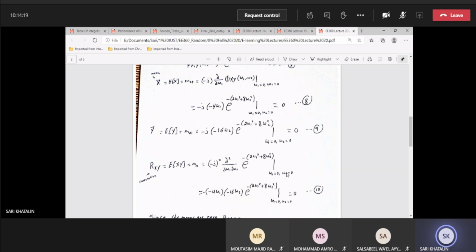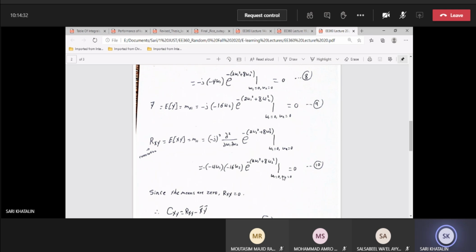In this case, it's already been done. So you take this one, you do it once, do it twice, and this is the result. Then you set omega 1 equal to 0 and omega 2 equal to 0, which means the correlation between x and y is equal to 0 again.